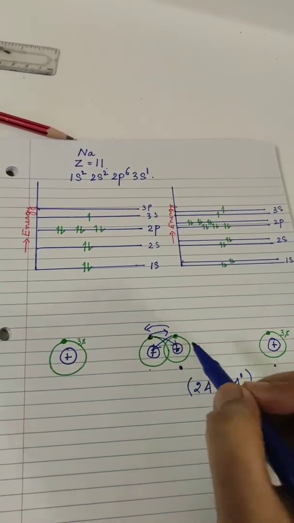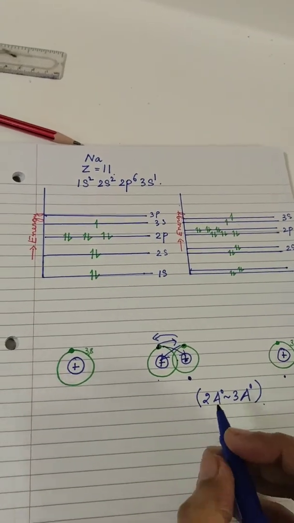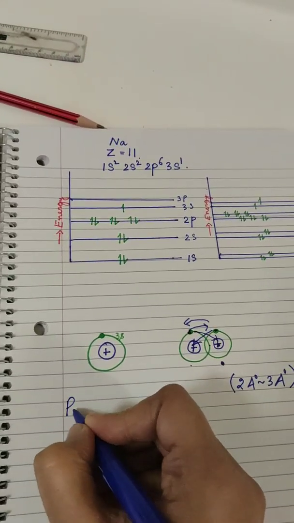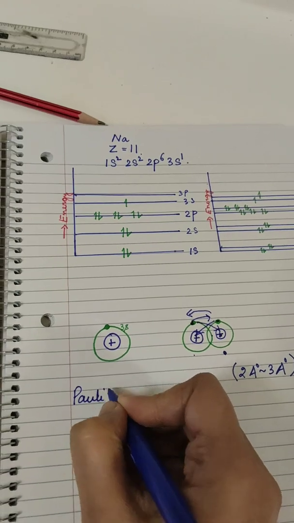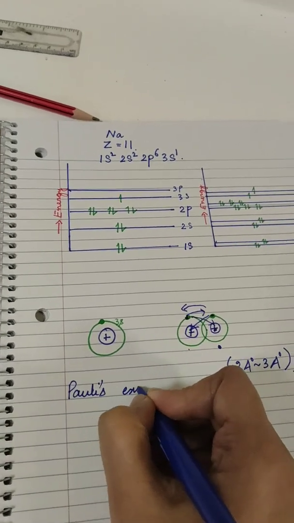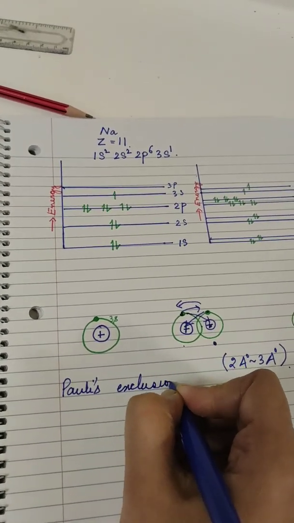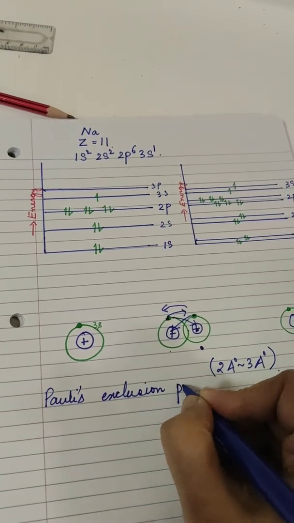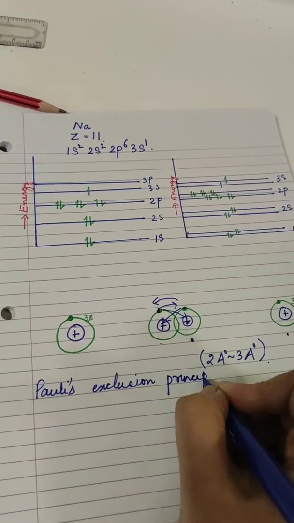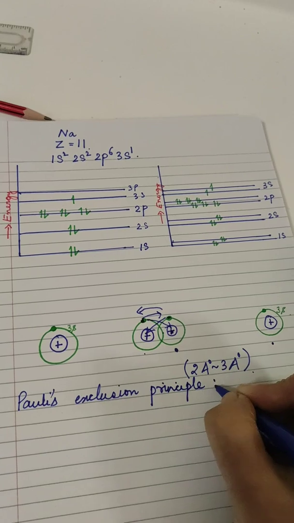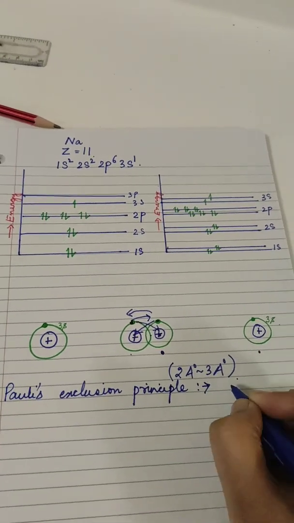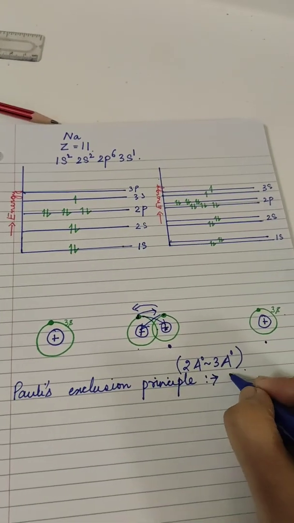Now Pauli's exclusion principle, what does it say? It says that no two electrons in an interacting system can have the same energy or the same quantum state.